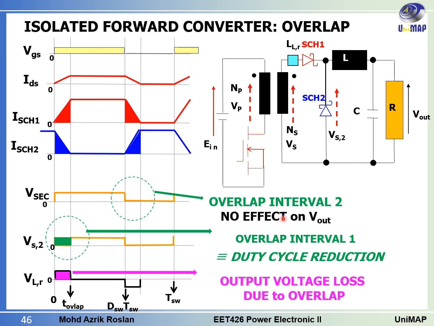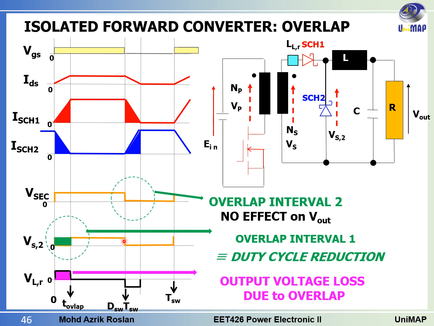And then if we look closely at this particular point, this is the overlap interval number 2. Actually, there will be no effect to the overall output voltage, because during this time we know that the V secondary is already 0.